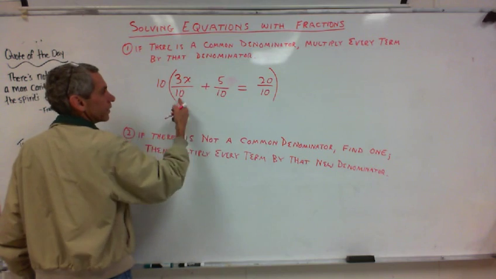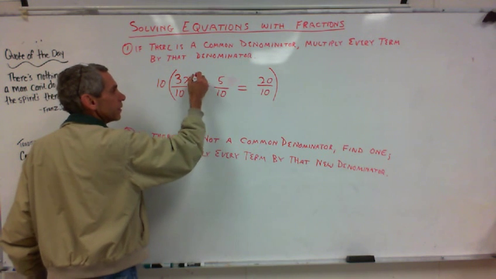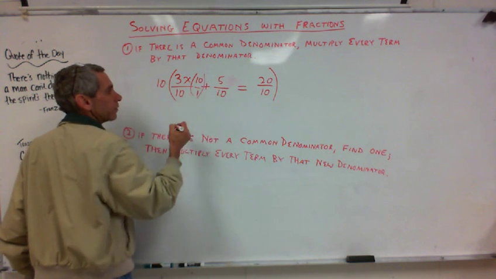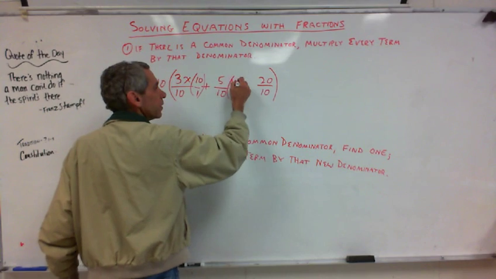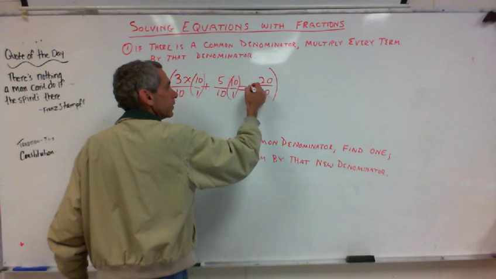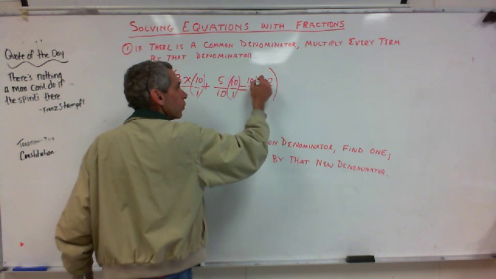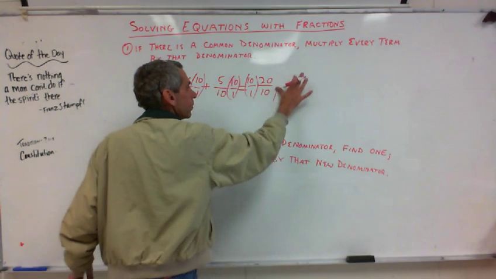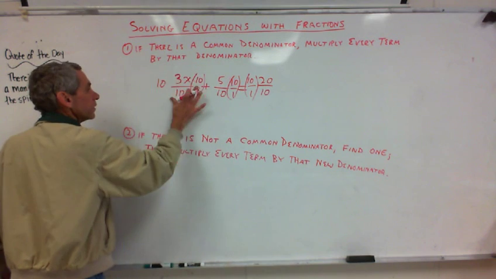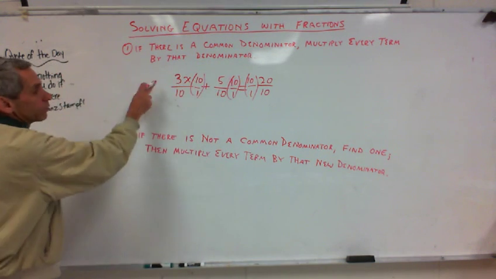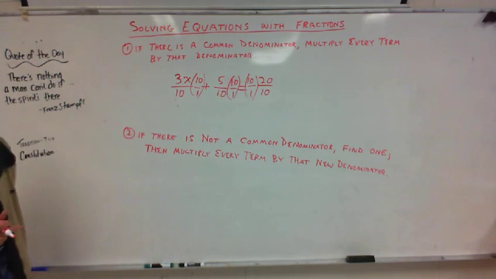To multiply this times 10, it's like this: 10 over 1, 10 over 1, 10 over 1. So I'm going to just remove this. That's the same as multiplying it times 10.